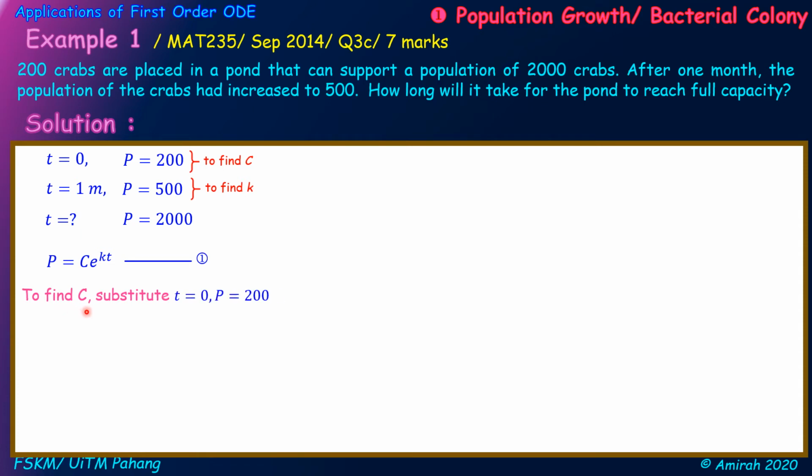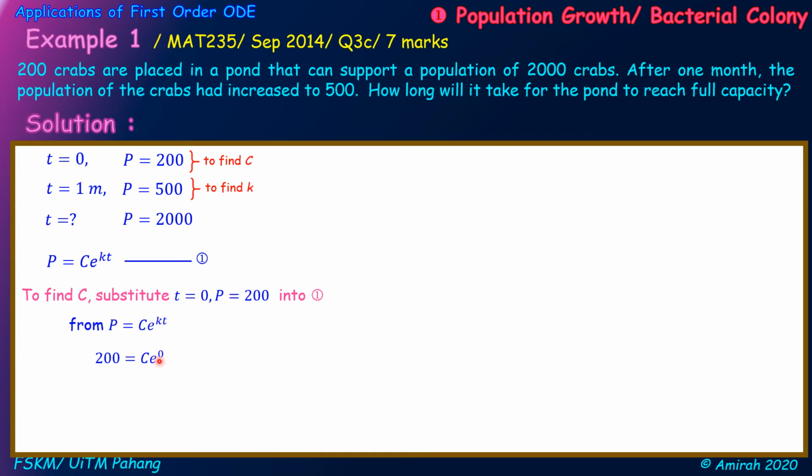So to find C, substitute t equals 0 and population equals 200 into equation 1. From P equals Ce^kt, we replace P equals 200 equals Ce to the power of kt, and we replace t equals 0.